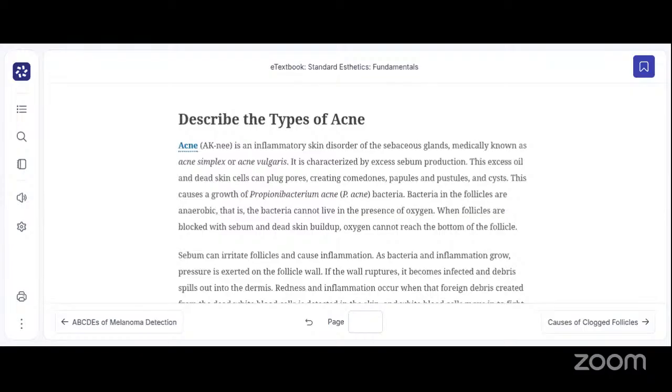I don't want you to be trying to figure it out. Whenever I hear the word acne, I also hear oil, oil, oil. Whenever I hear the word acne, I also subconsciously hear the word oil.